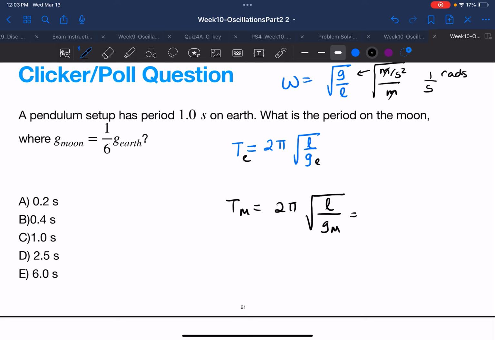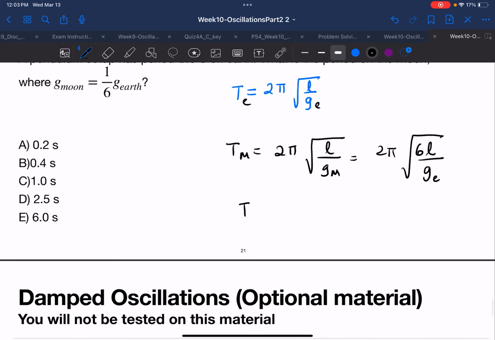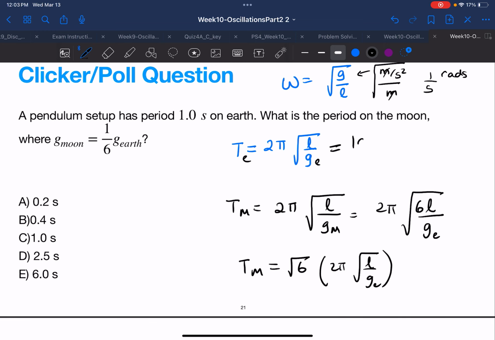So when we plug that in, we get 2 pi square root of L, and if I do G over 6 on the bottom, that's G Earth with a 6 on top. So that basically gives me an overall factor of square root of 6 times 2 pi square root of L over G Earth. Well, we know from the problem that this is equal to 1 second.